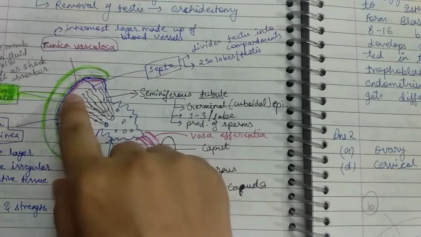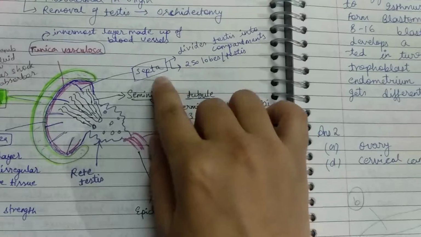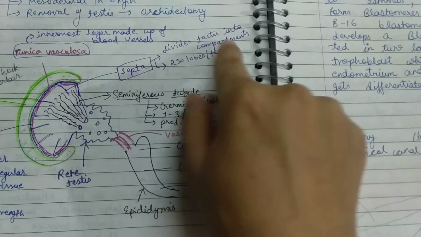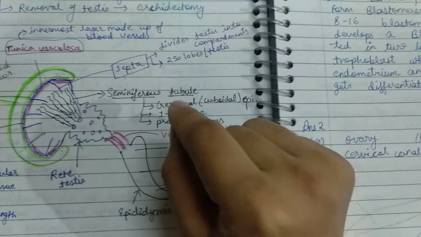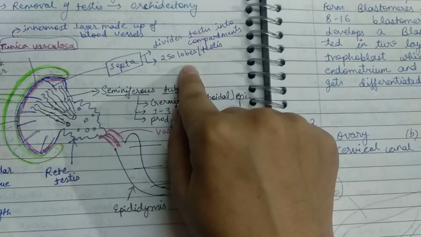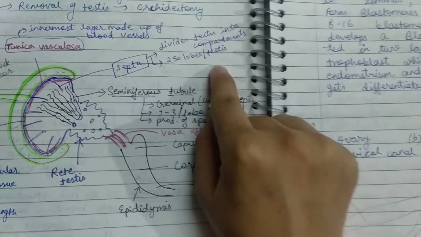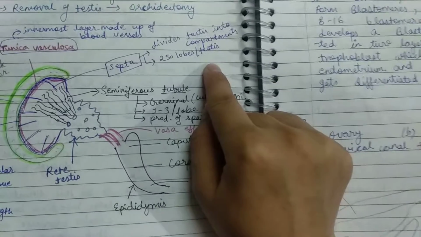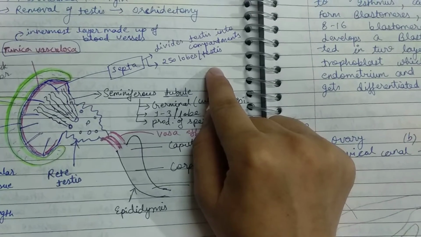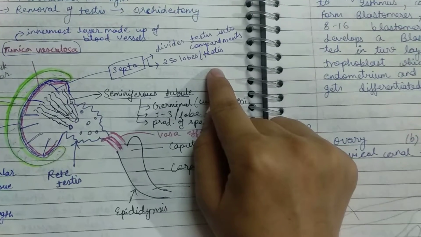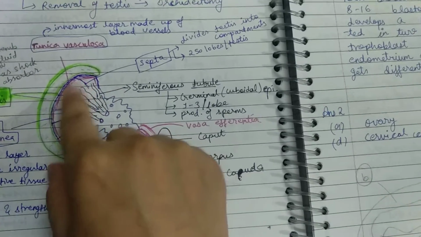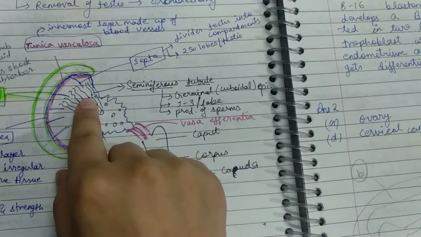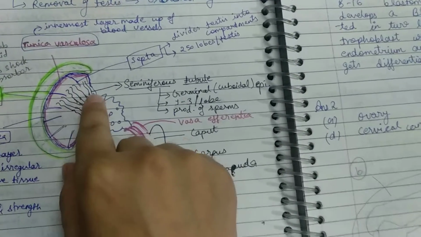After that, it is the septa. Septa divide the testes into compartments, and it is mentioned in NCERT as well that there are 250 lobes per testis, and as we have 2 testes, there will be 500 lobes. From each septa there are about 2 to 3 seminiferous tubules.